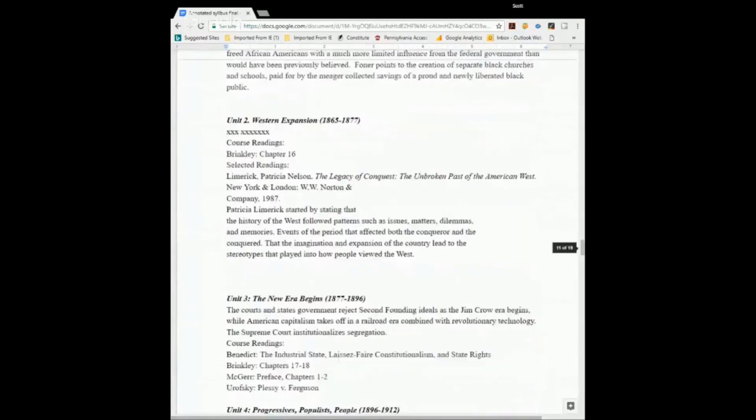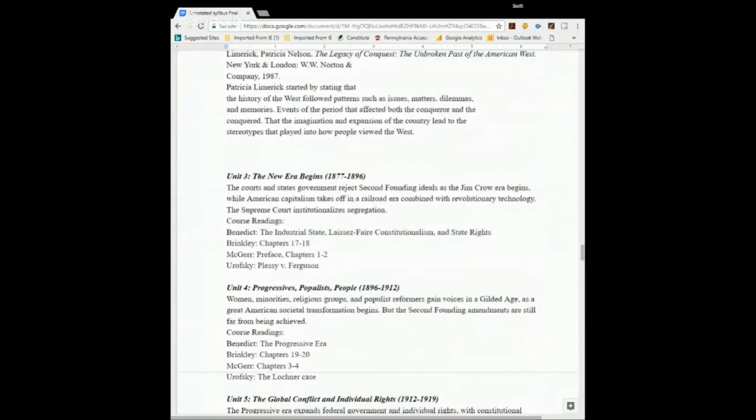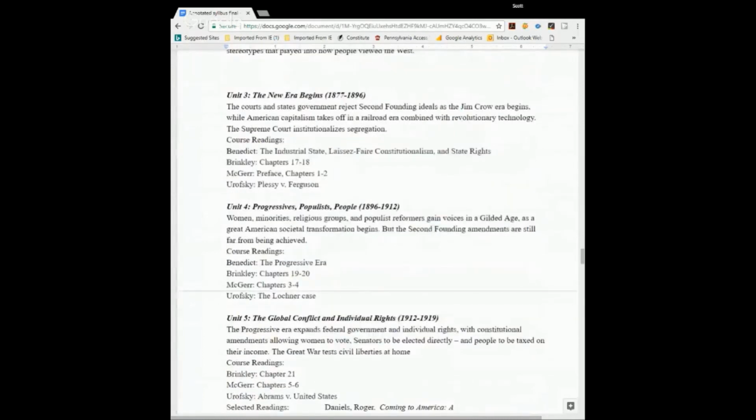A good example will be in my 3rd unit, which is really the 1877 to 1896 period. What I'm using in that unit will be Plessy versus Ferguson as my court peg.